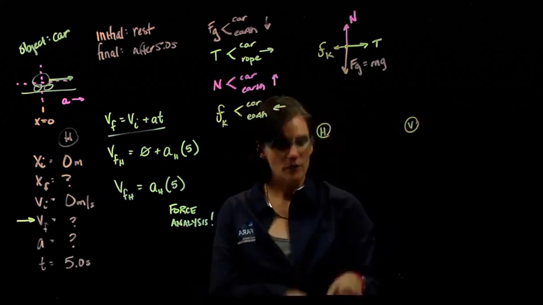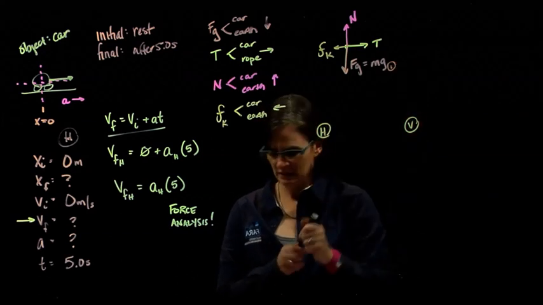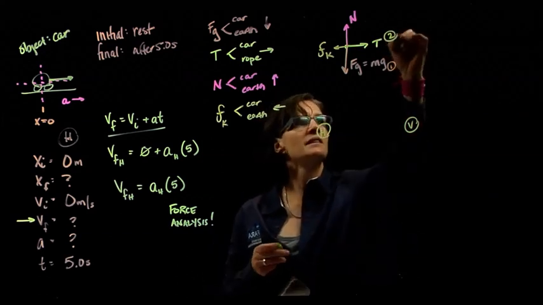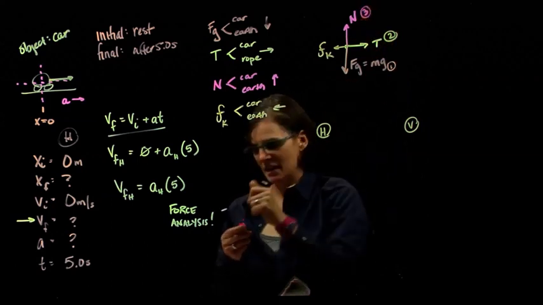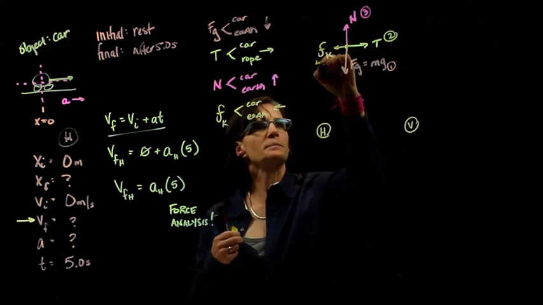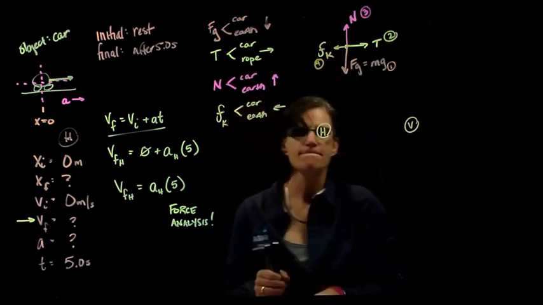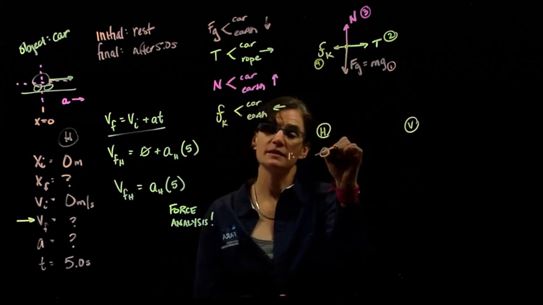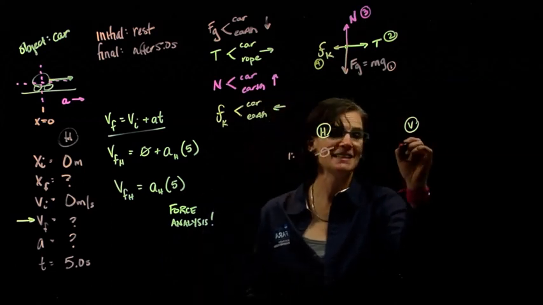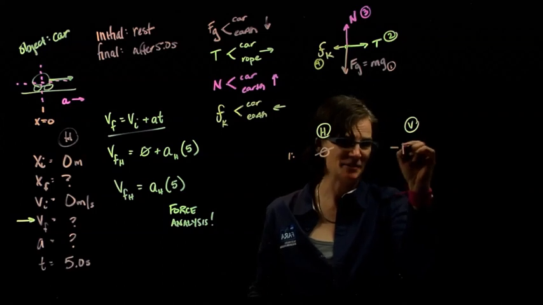I have four forces, 1, 2, 3, and force number 4. All right, so force number 1. Force number 1 is not acting horizontally. It's only acting vertically. It is in the negative direction.